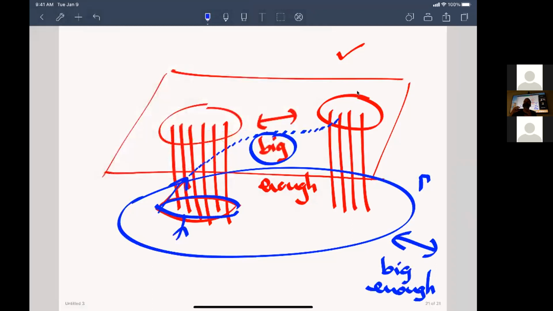So in other words, if these galaxies get isolated from one another, then it's okay. But if they remain close somehow, then the theorem doesn't work.